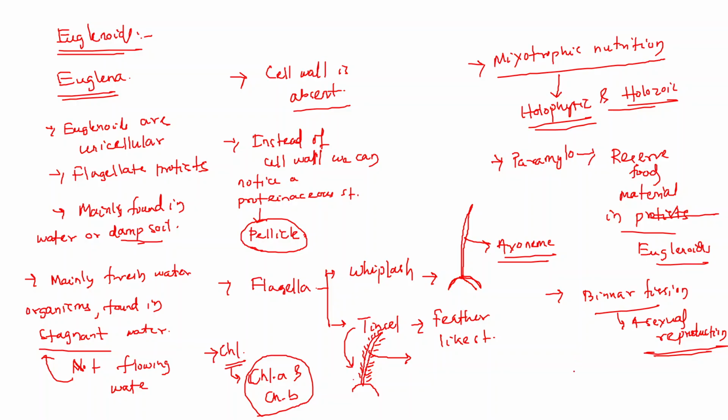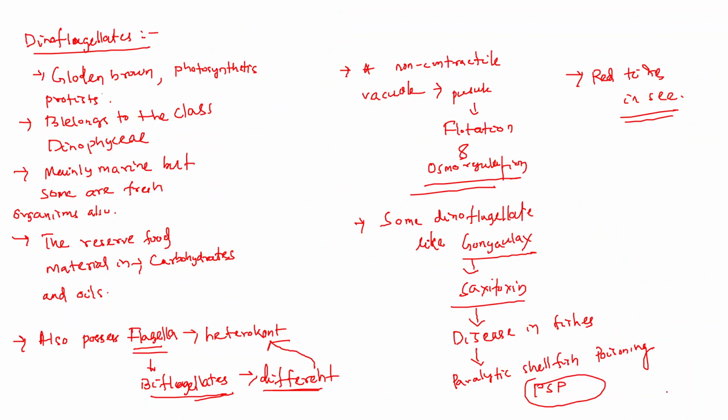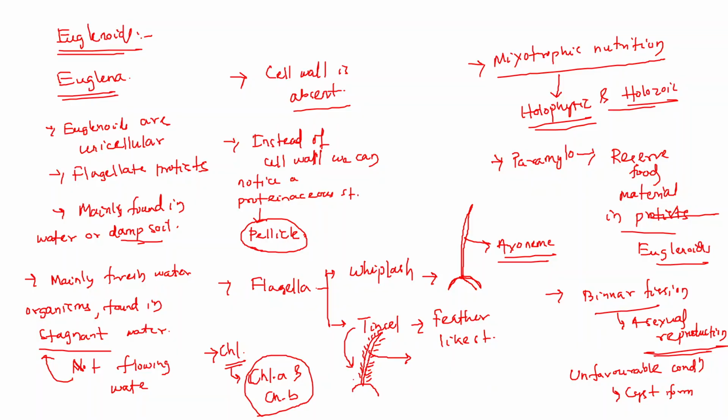In unfavorable or adverse condition, they reproduce through cyst formation. In euglenoids they form a cyst-like structure in adverse conditions.